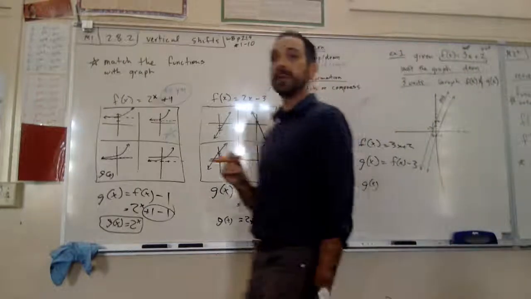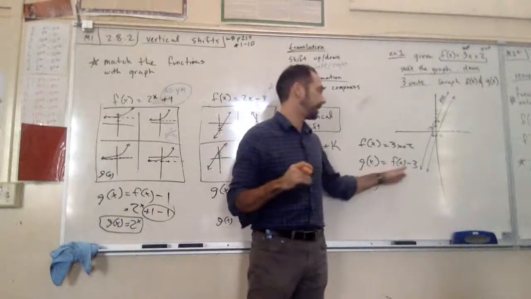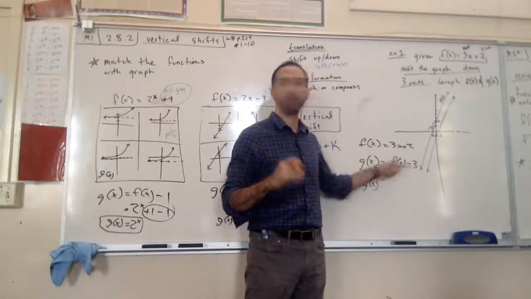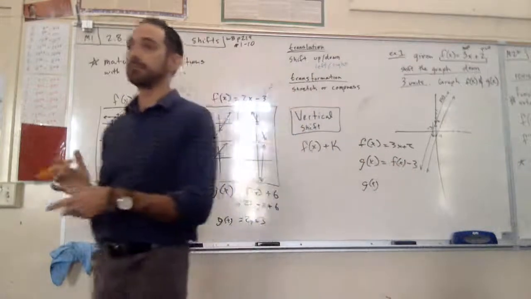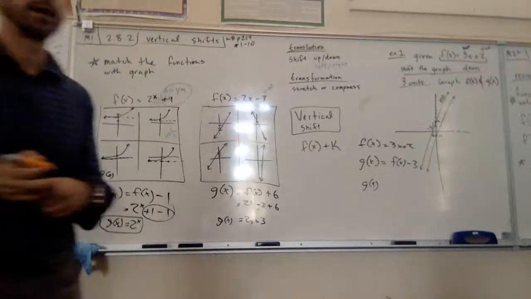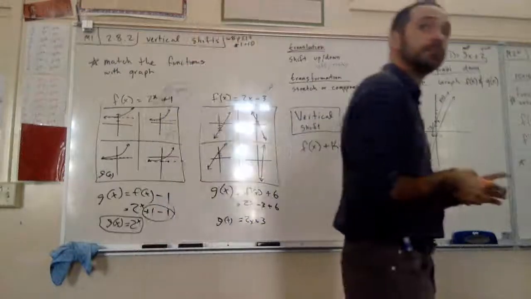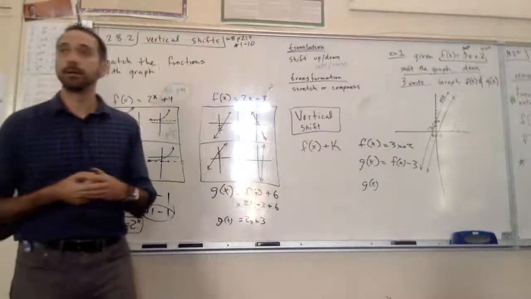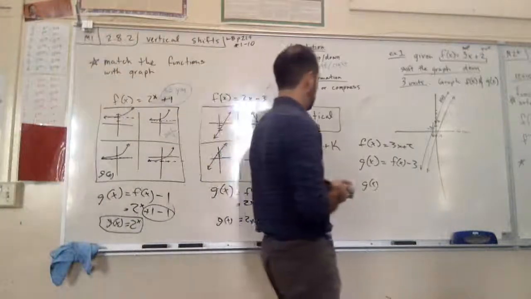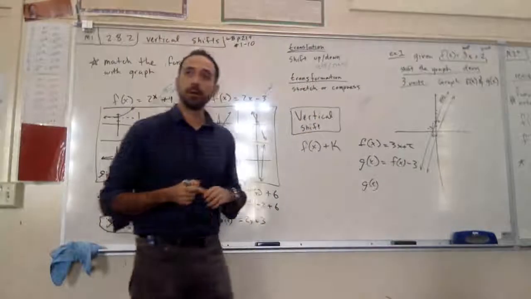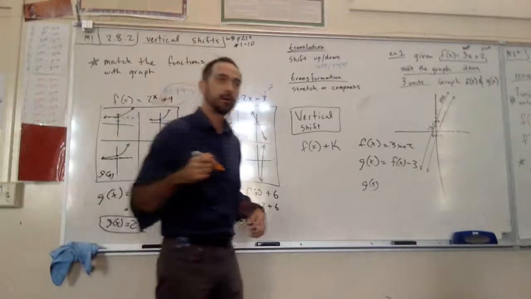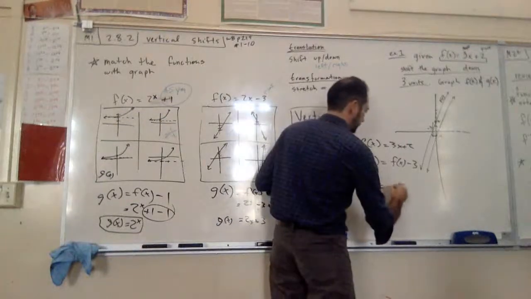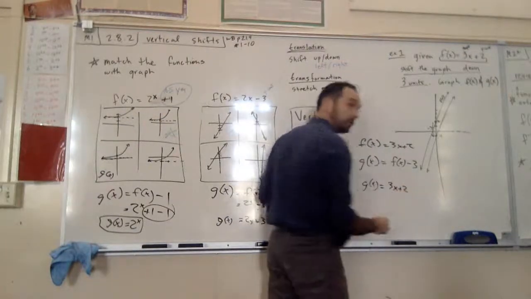Okay, so what does that mean? What does it mean that g of x is equal to f of x minus 3? What should I put here to help me figure out the g of x function? Put the f of x in there. 3x plus 2. What else?